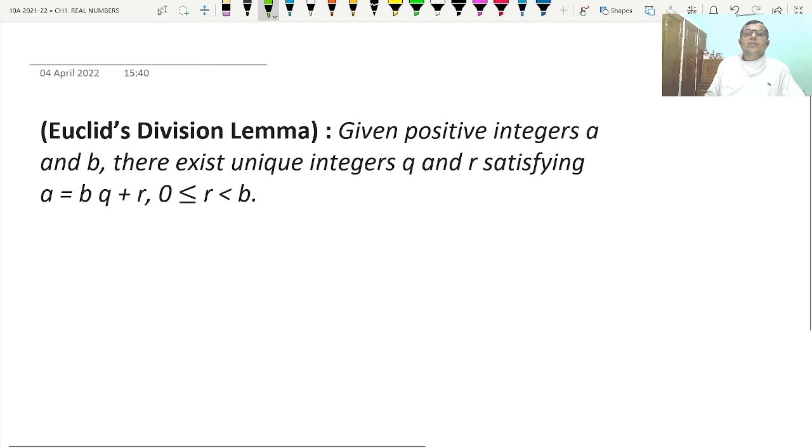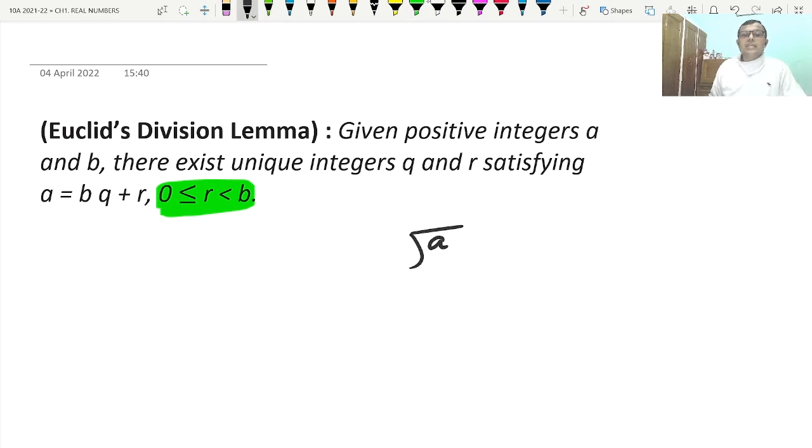What is the meaning of this? When a number a is divided by b, the quotient is q and the remainder is r. This is nothing but dividend is equal to divisor into quotient plus remainder.